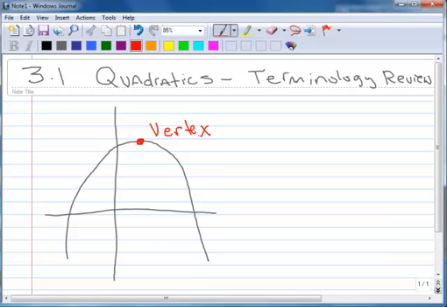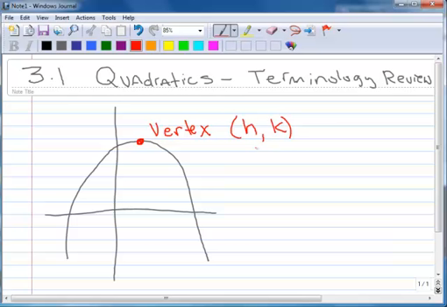We're going to label that point h, k. So the coordinate point (h, k) is the vertex, and this looks similar to the circle, where (h, k) was the center of the circle.